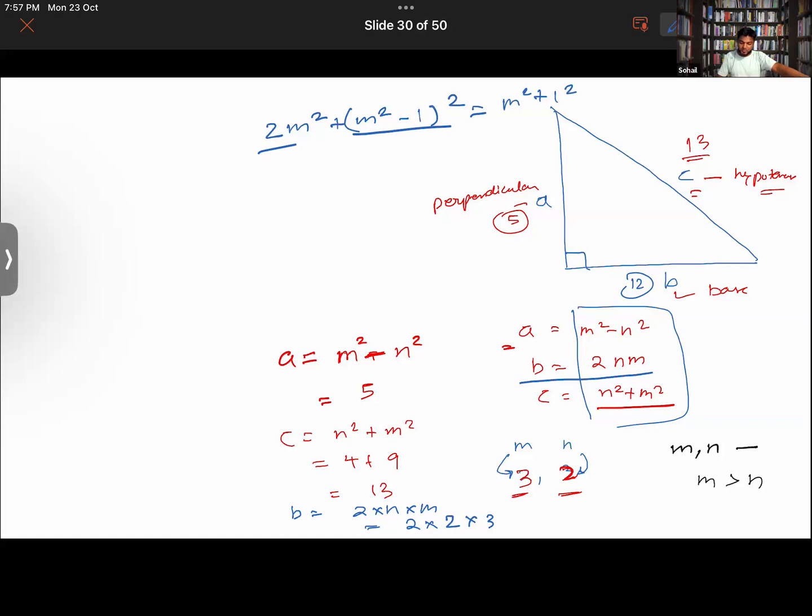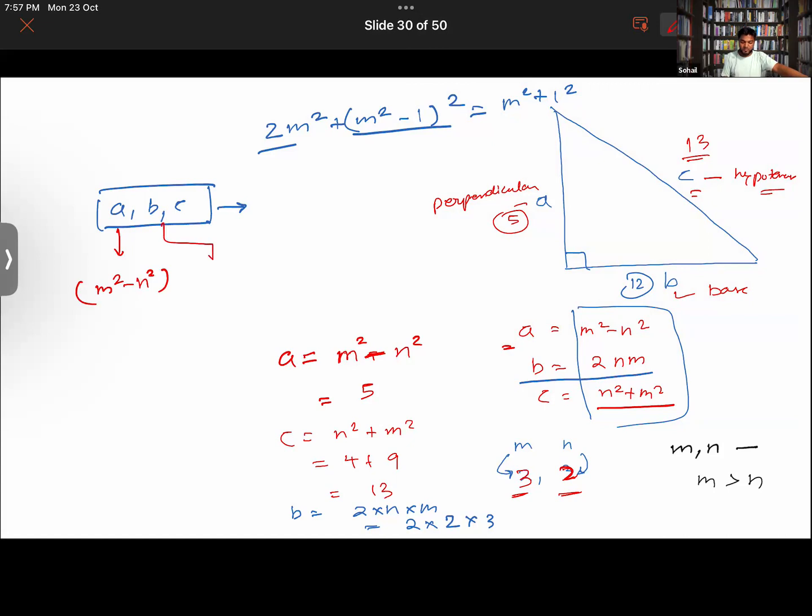Look, it's the same thing as the equation of the Pythagorean triplet. Now the one which I have given you here, for A, B and C, if we have to find these Pythagorean triplet numbers, as I told you, A will be found using the formula m square minus n square.